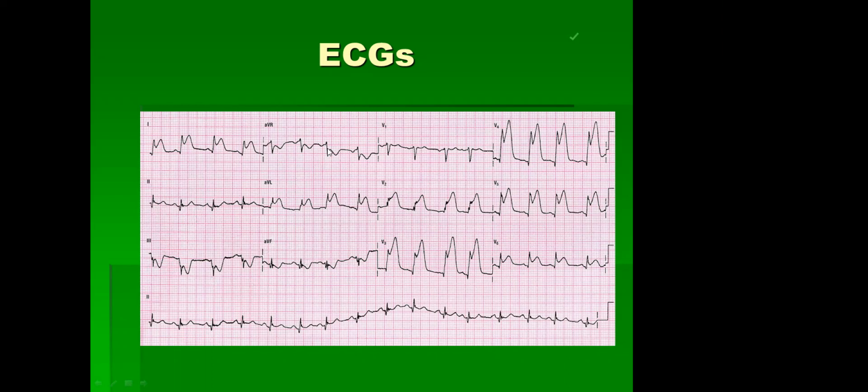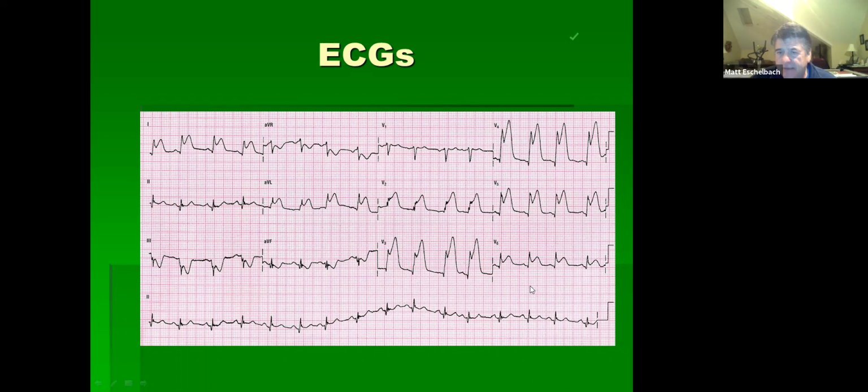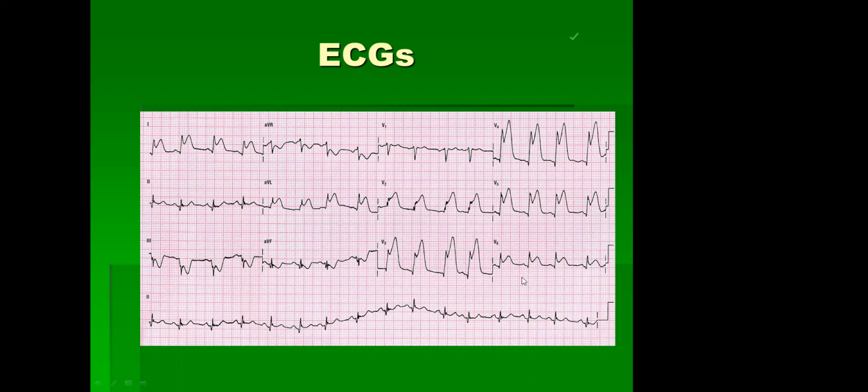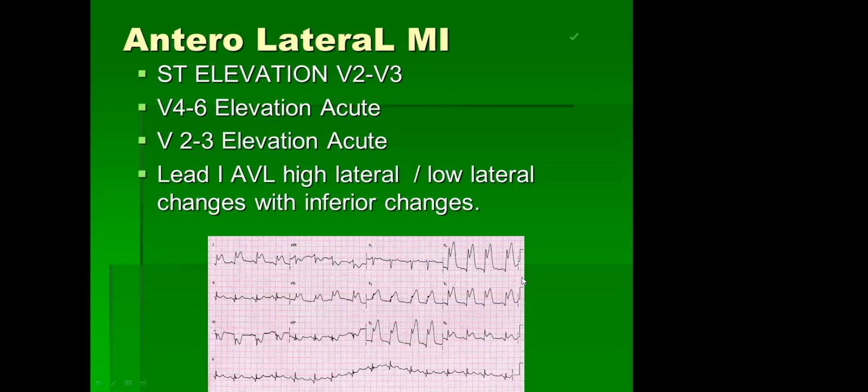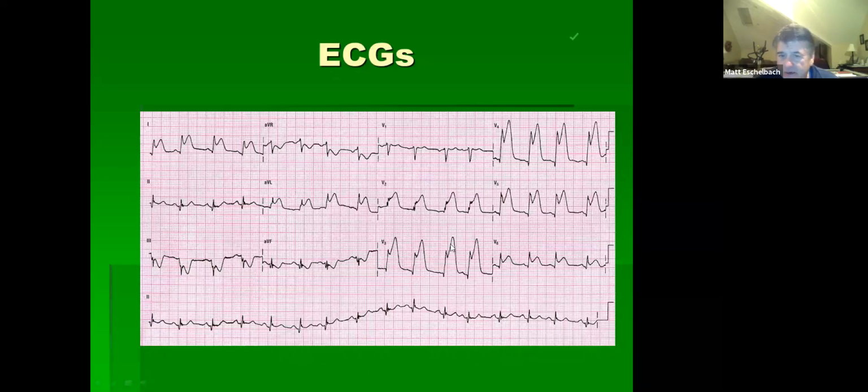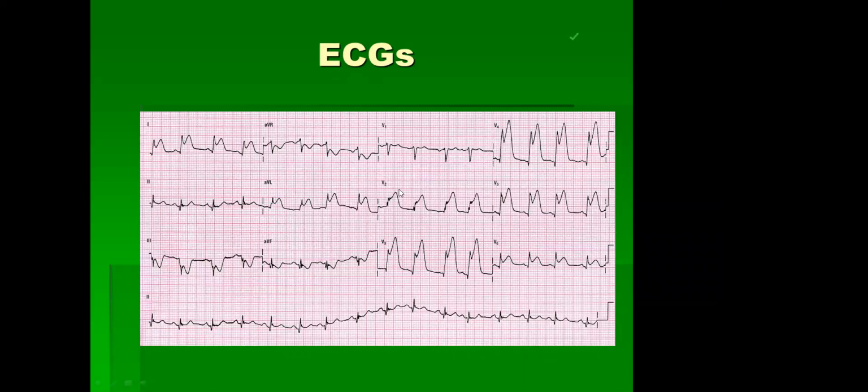All right, so we're going to call it an MI. Yeah, I guess just a really big one. Right. Anterior and lateral MI. You want to call it an anterolateral MI? Yeah, but then what about V2? V2, right there. ST elevation.